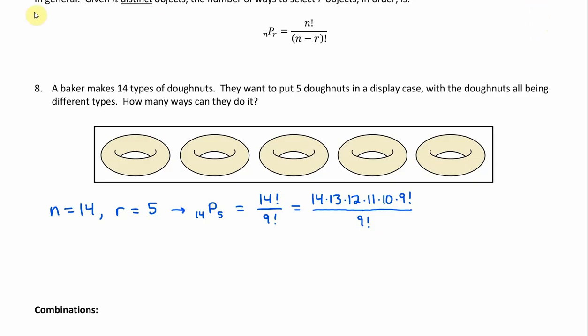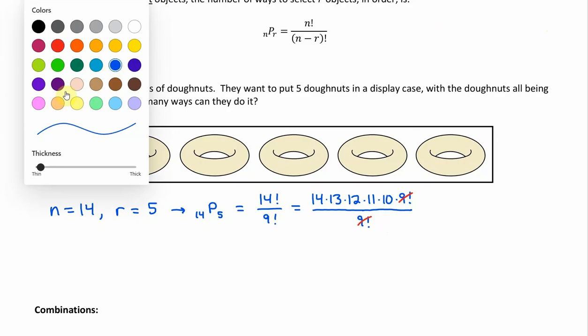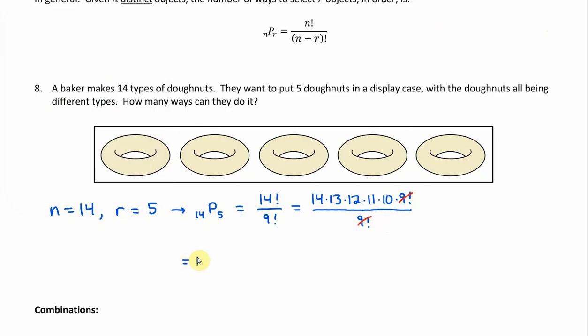We're going to cancel that 9 factorial on the right side of the numerator with the 9 factorial in the denominator, and then what you will end up with is 14 times 13 times 12 times 11 times 10, which is 240,240. So we've got quite a big number this time.